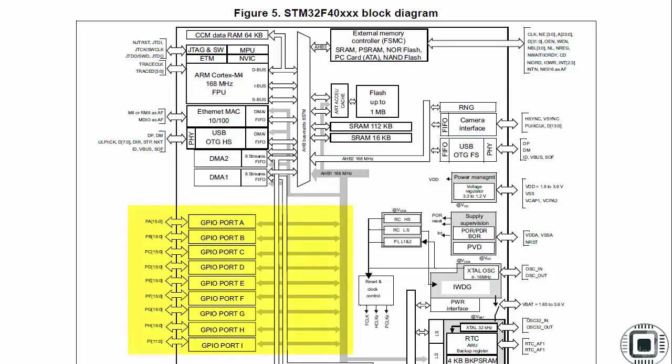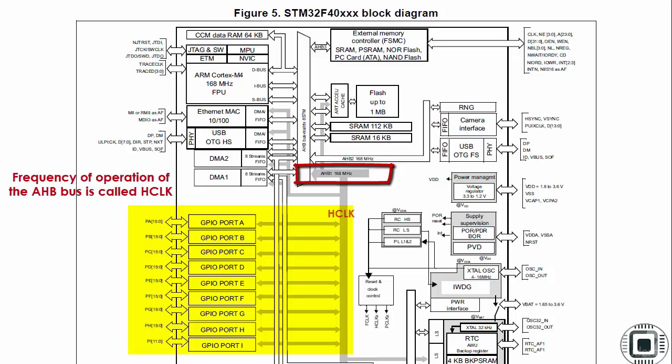Here you can see that the GPIO ports are connected to the AHB1 bus, which can run at a maximum of 168 MHz. The frequency of operation of the AHB1 bus is also called HCLK.